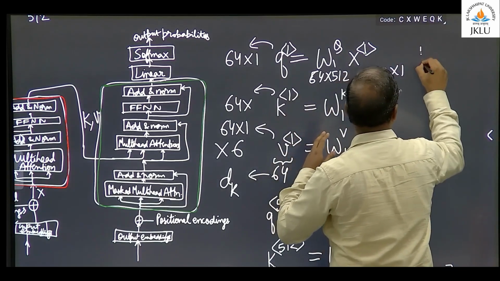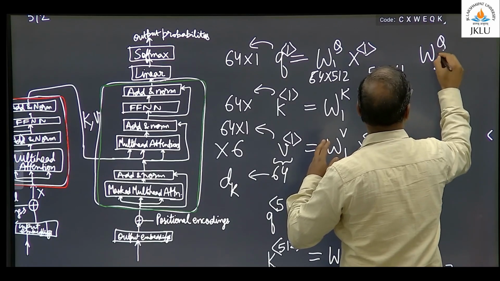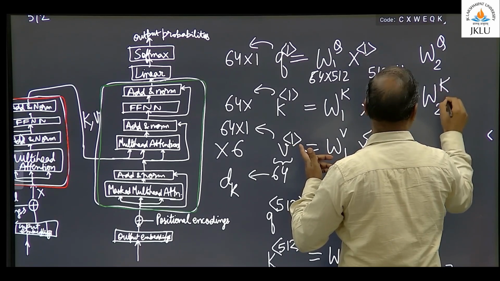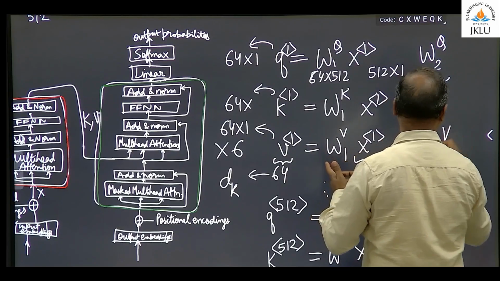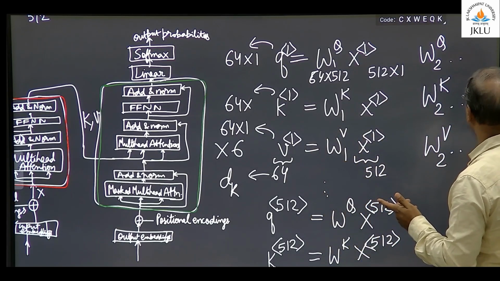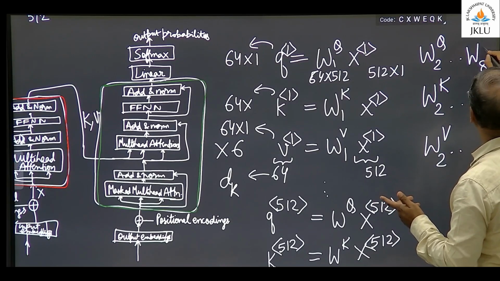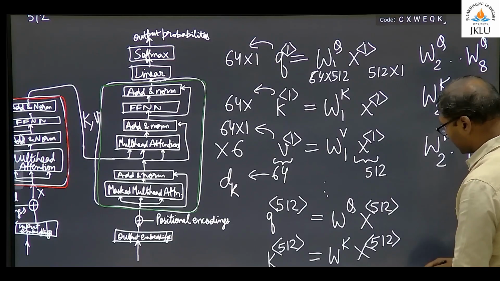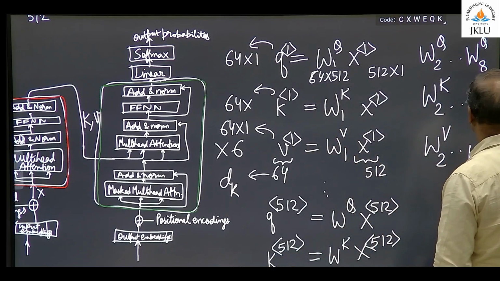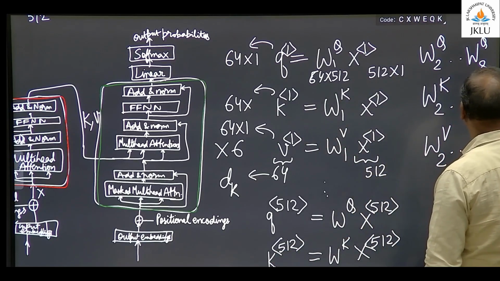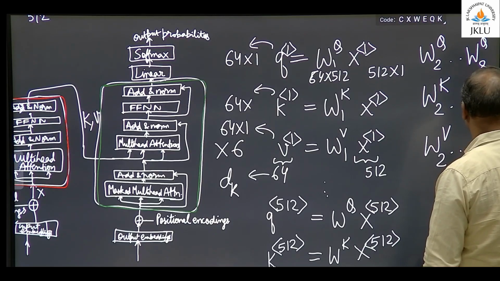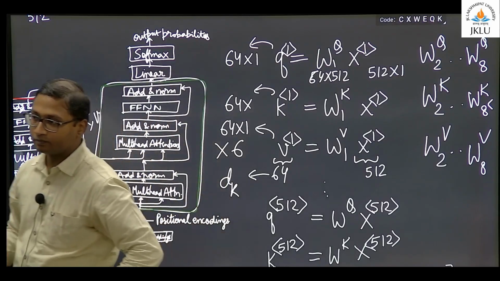So you will have W2Q, W2K and W2V, all the way until W8Q, W8K, and W8V.